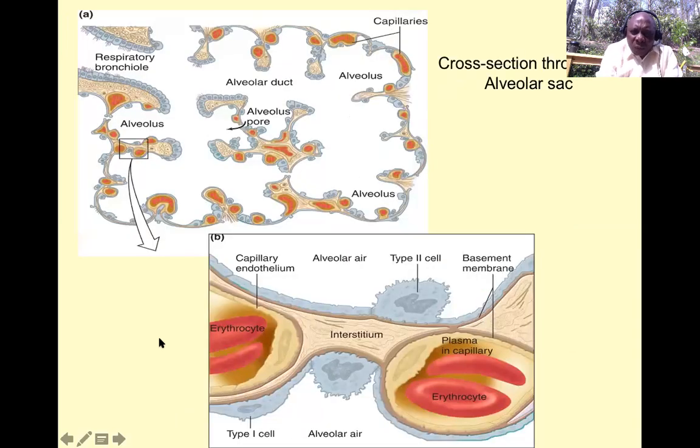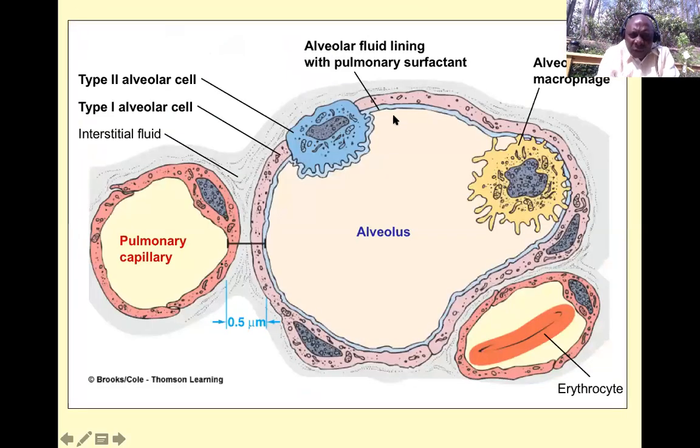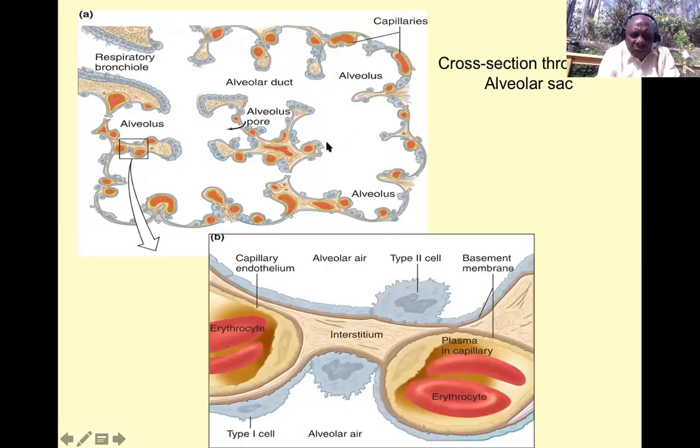Okay, so we're now going to focus on the alveolar. We have a cross section of the alveolar, and you can see these inward extensions that increase the surface area.